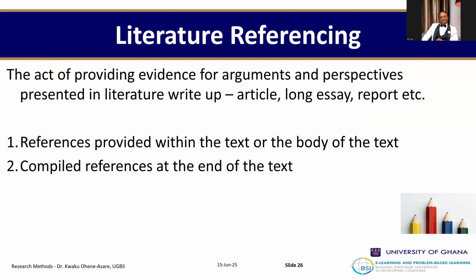You are providing evidence, either in the article or long essay or report, whatever you're doing. The references provided within the text or the body of the text is what we consider as referencing. But also you have the compiled references at the end of the text. Now, watch the two words.